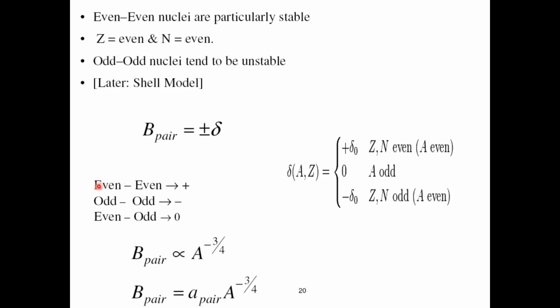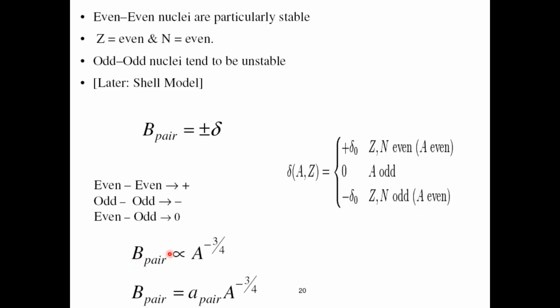It means that for an even number of neutrons and an even number of protons, the delta term will be positive. For the odd-A terms, the delta term will be 0. But for the odd-odd case, it will be negative.